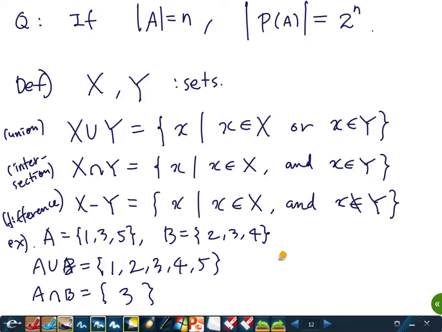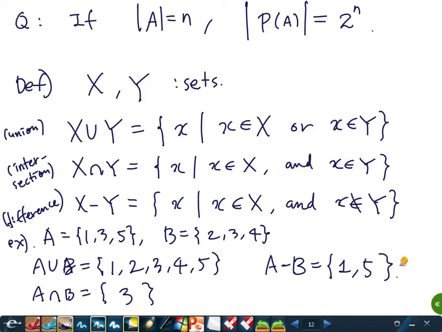A minus B. We want to find elements in A, but not in B. 1 is in A. Is 1 in B? No, so 1 is in this set. 2 is not in A, so you don't have to worry about that. 3 is in A, but also in B, so 3 is not in this set. 5 is in A, not in B, so 5 is there.